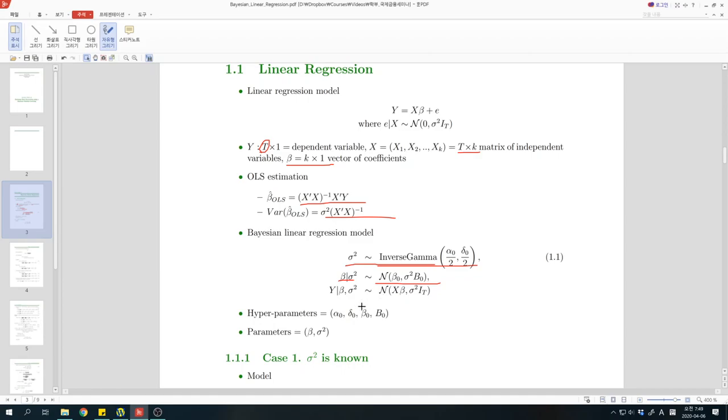Right? So given beta, which is generated from this normal distribution, and given beta and sigma square, y is randomly generated from this normal distribution. It is really important to note that y and the parameters beta and sigma square are random variables a priori.